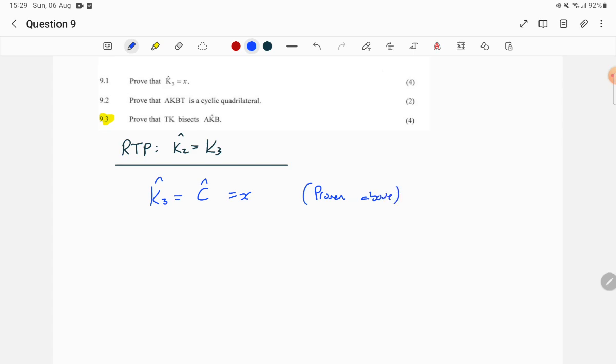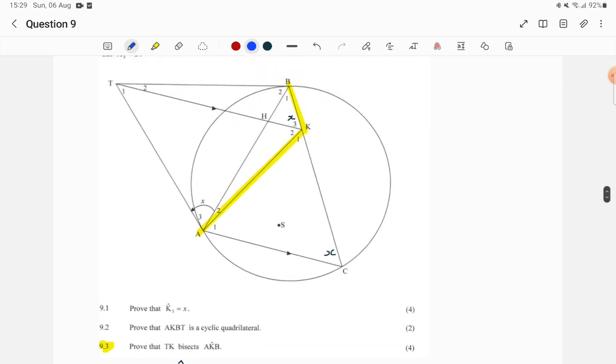And what we can then state after we have that is that K3 is equal to B2, and the reason for that is our tan chord theorem. Because K3 is equal to B2 and B2 is equal to C, therefore B2 is also equal to K3.